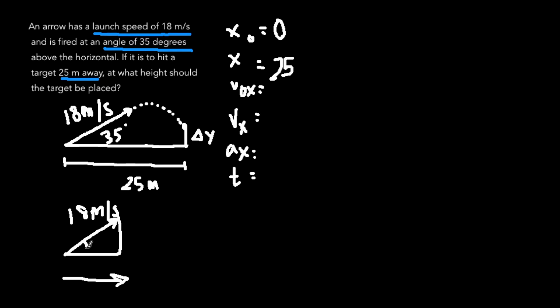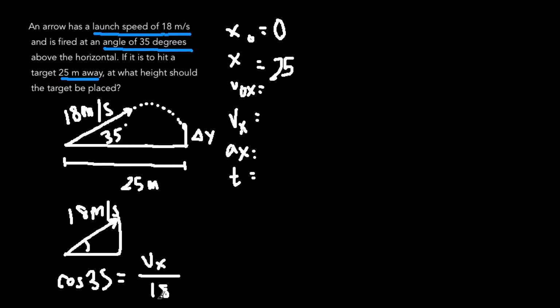Okay, so this is 35 degrees right here. What we can do then is use a bit of trig. We want this length, so we want cosine. Cosine 35 degrees is equal to x over the hypotenuse, so we'll say vx over 18 meters per second.